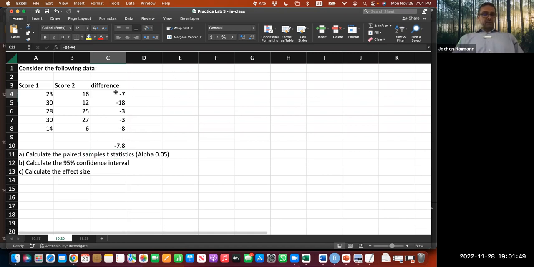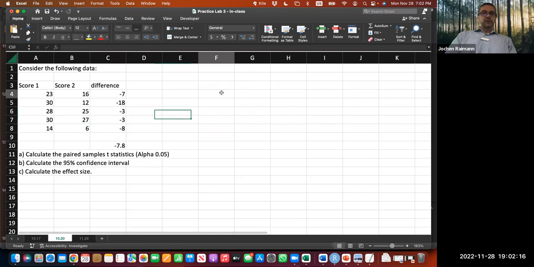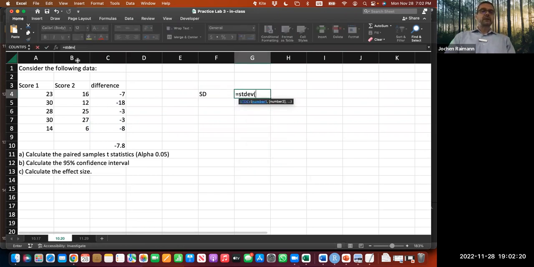This may or may not be significant. We will see. How are we going to see that? We essentially calculate first the mean difference, by calculating each individual difference and then building the average of these 5 differences. Now we need to calculate the standard deviation, that is STDEV.